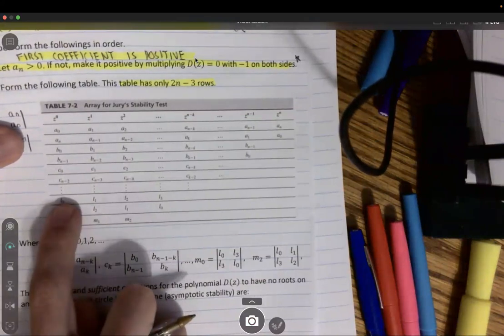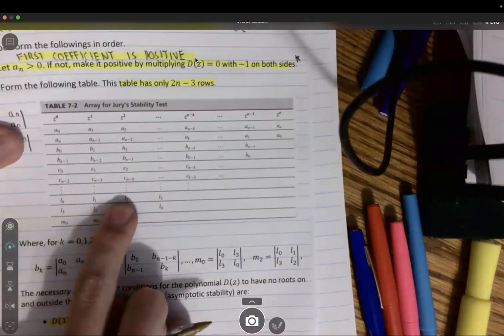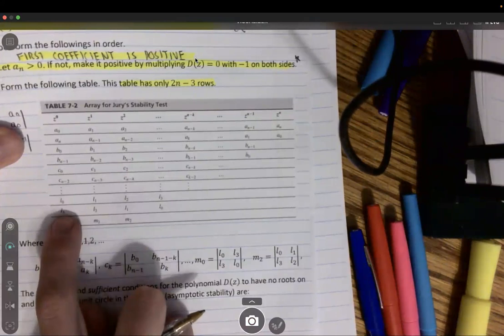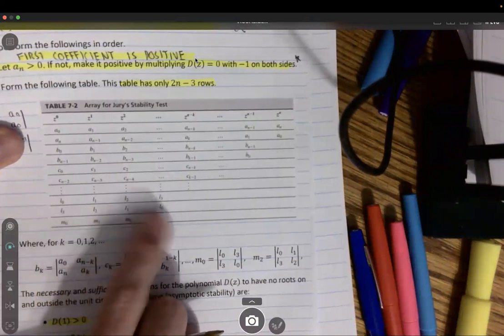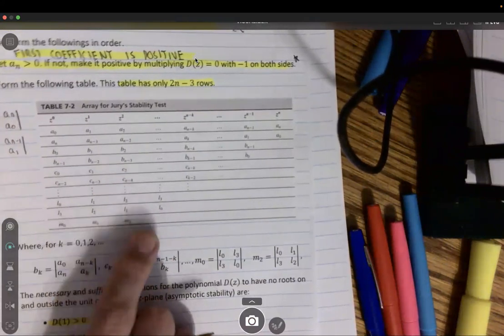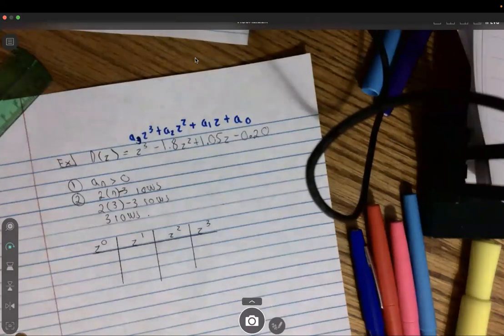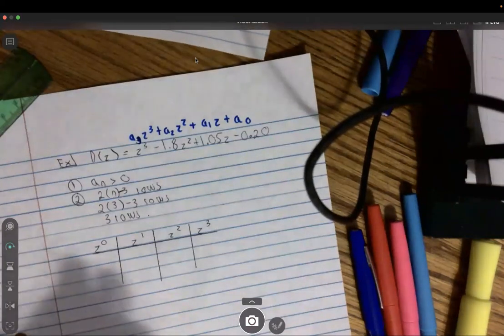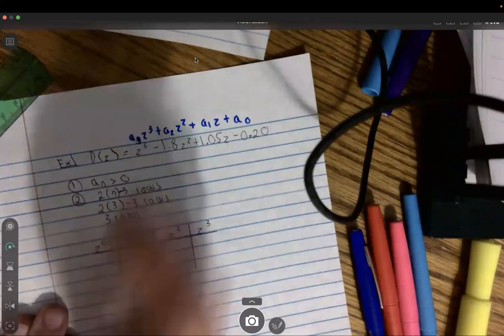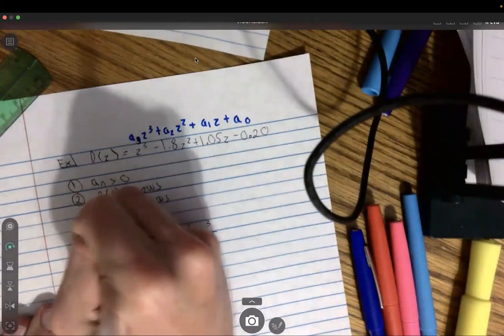And so this would be our A0, our A1, our A2, our A3, and then the A3, A2, A1, A0, and then we're going to have to solve for that 3rd row right there. And so just copying down what we have, if we have A0, that's going to be our negative 0.20.